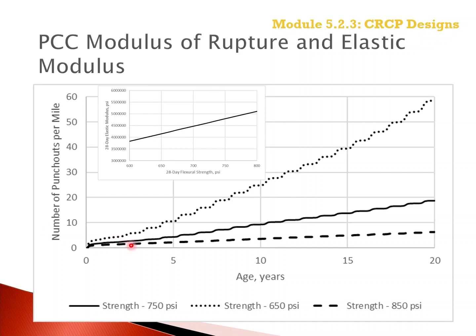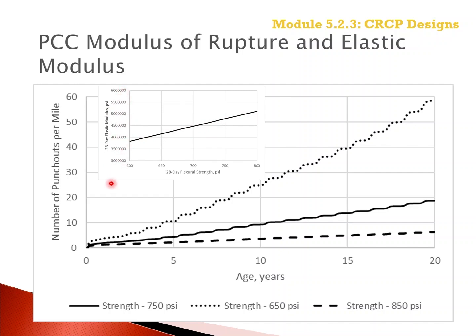The graph displayed on the upper left-hand corner of the slide shows the regression equation or relationship between concrete strength, 28-day flexural strength, and the 28-day elastic modulus that is embedded in the Pavement ME software. So an increase in the flexural strength or modulus of rupture means we're going to have a corresponding increase in the elastic modulus.